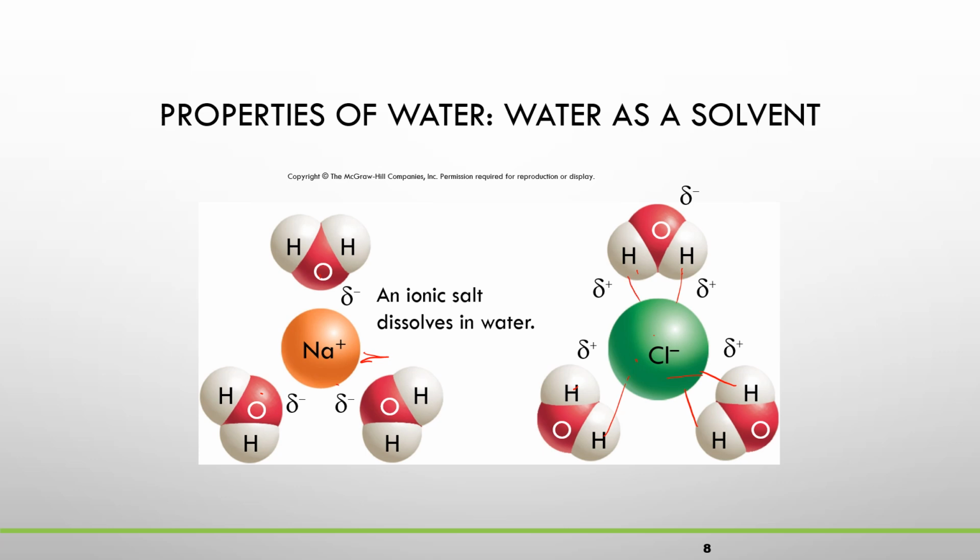Things like oil, for example, vegetable oil, corn oil, are non-polar. So they don't have any charge, and so they're not attracted to the water molecules, and they would not dissolve in water. So generally, polar things that are charged will dissolve in water. Things that are not polar will not dissolve in water.